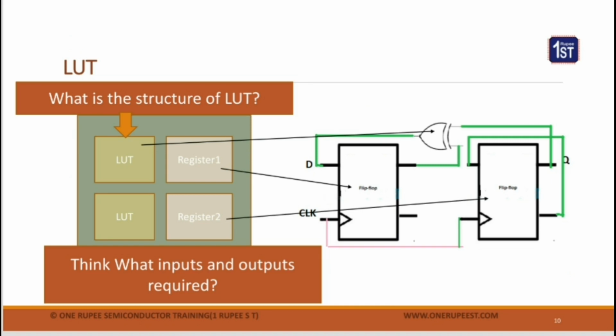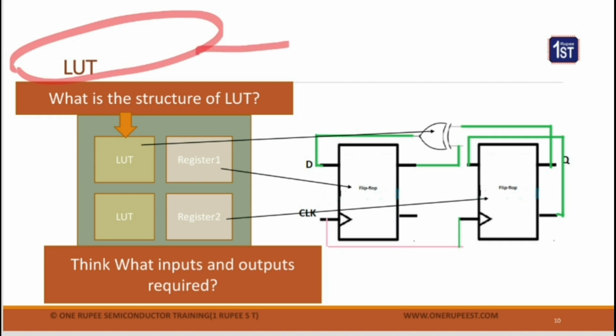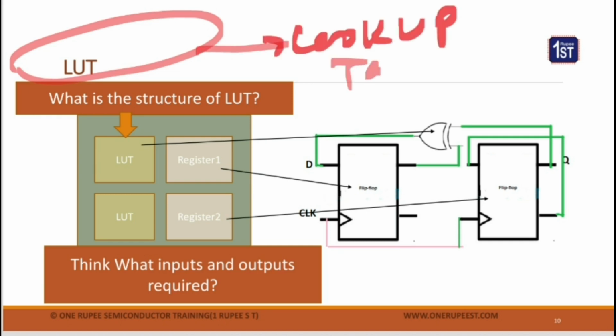So at a higher level, if we try to imagine this, I have a lookup table. Now we need to imagine the structure of the lookup table, and what is present inside this CLB apart from registers and slices.